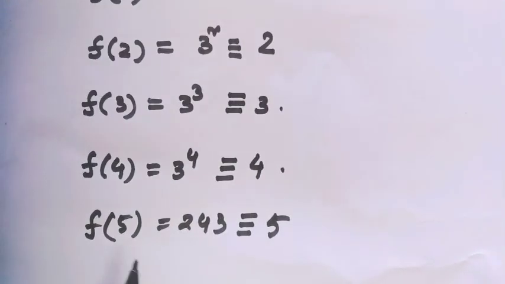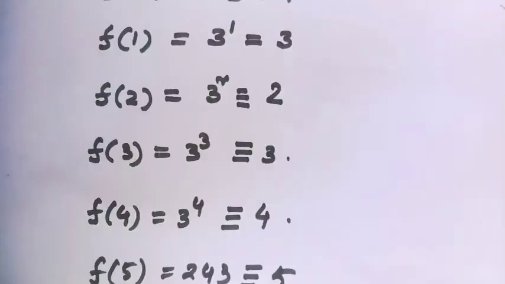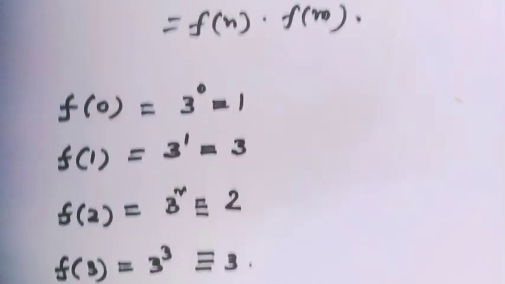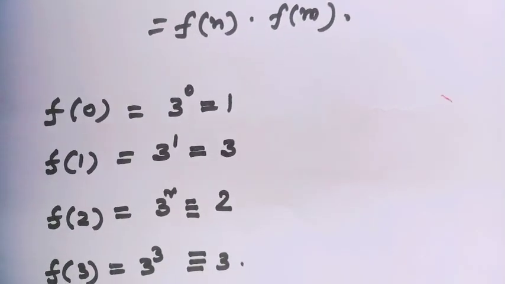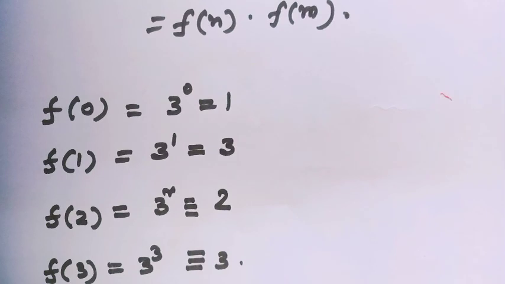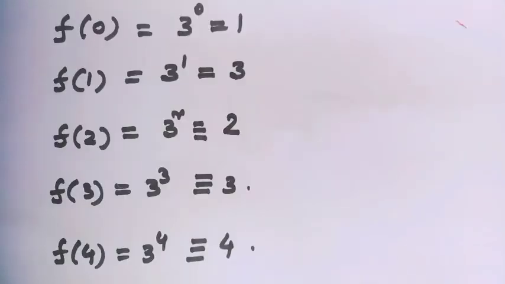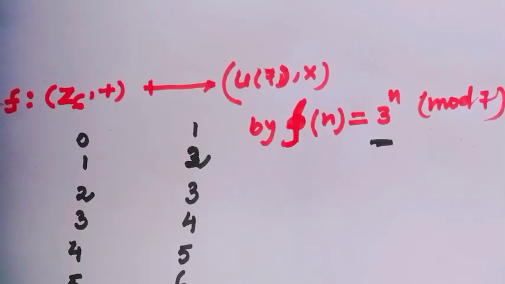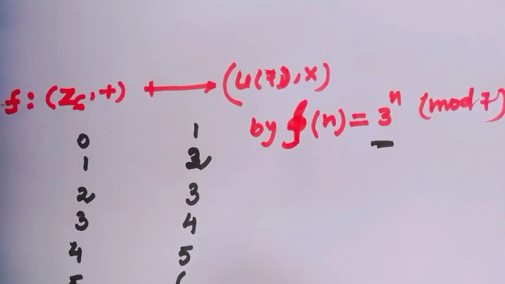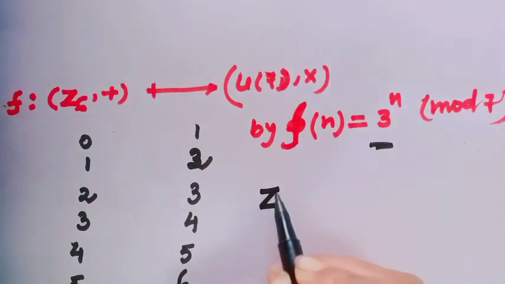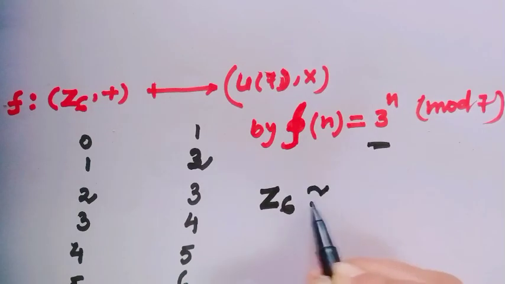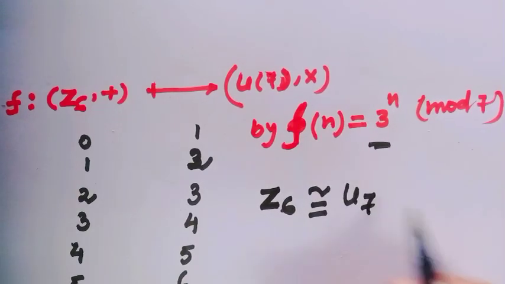And f of 5 equals 3 to the power 5, which is 243, which is congruent to 5 in modulo 7. All elements here are different. So it is one-one, and all elements of the codomain U7 are covered. Okay, this function is both one-one and onto. So we can say Z6 is isomorphic to U7. Okay.